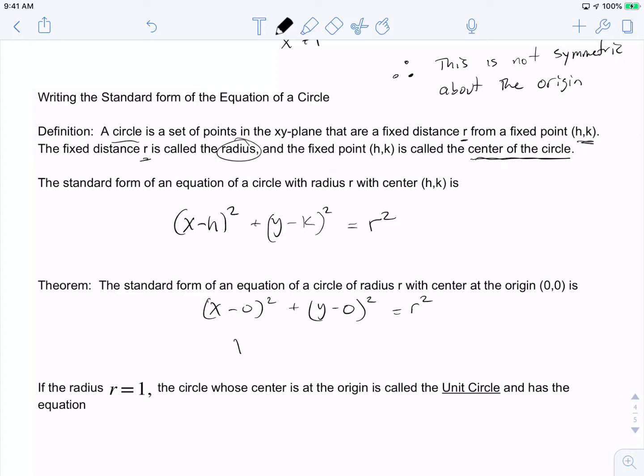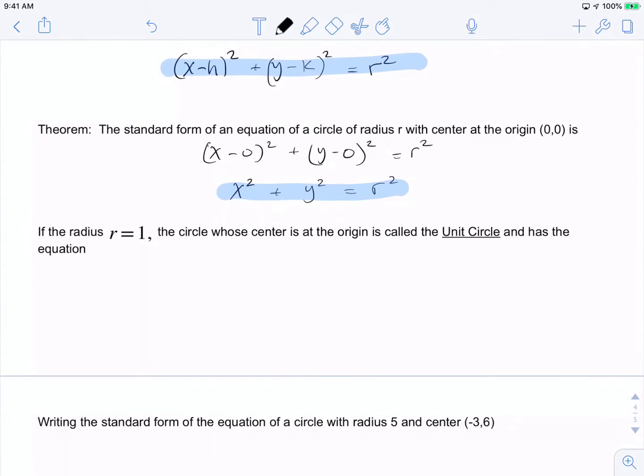So x minus 0 is simply going to be x squared plus y minus 0 is simply going to be y squared. So if we have a circle at the origin, the equation that we have there is x squared plus y squared is equal to r squared. Let me just highlight that equation there for the standard form of the equation.